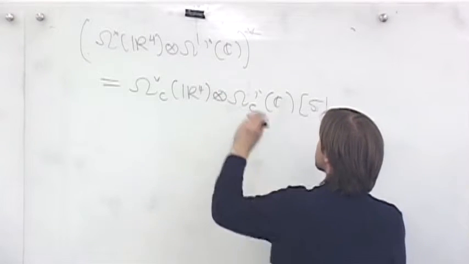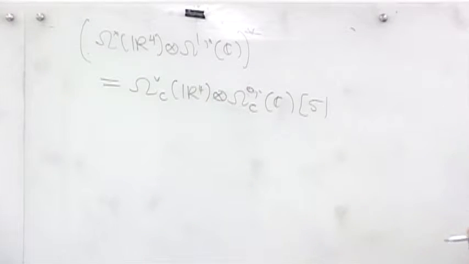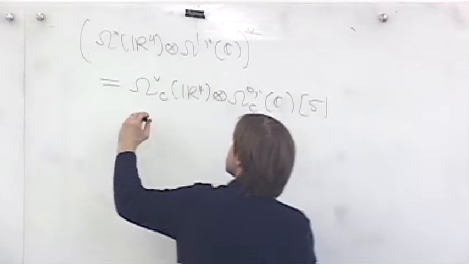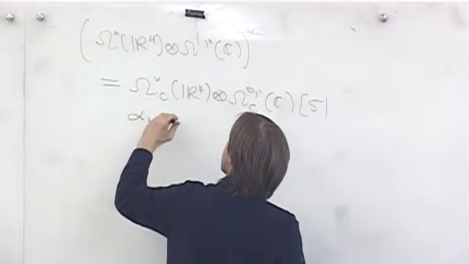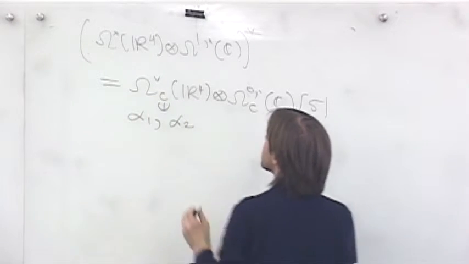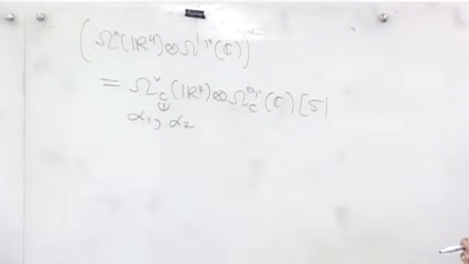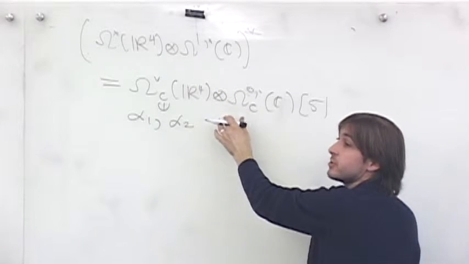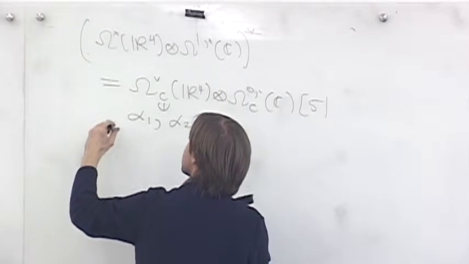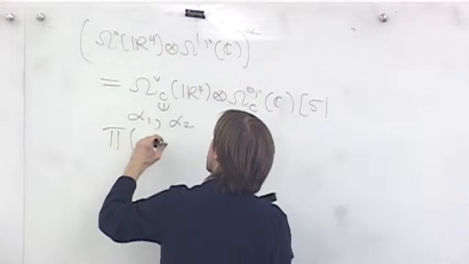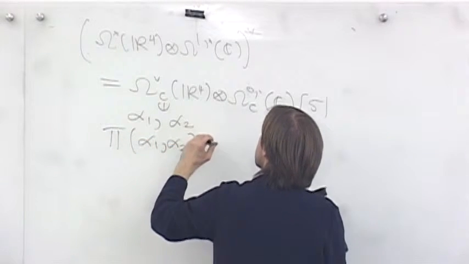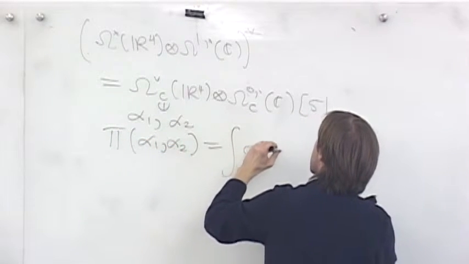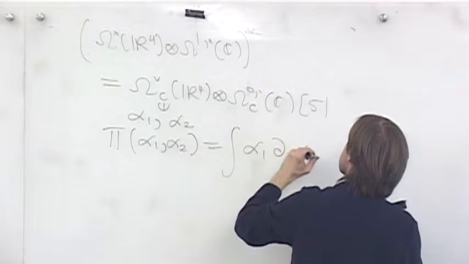The dual of 1-forms is 0-forms. So if I have these two elements here, alpha 1, alpha 2, in here, remember the Poisson tensor is a bivector. So it takes two elements of the dual and gives you a number. My Poisson tensor on alpha 1, alpha 2 is just the integral of alpha 1 del alpha 2.